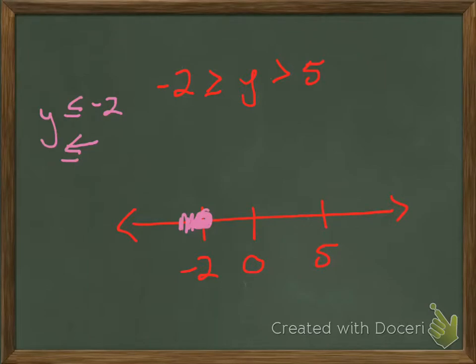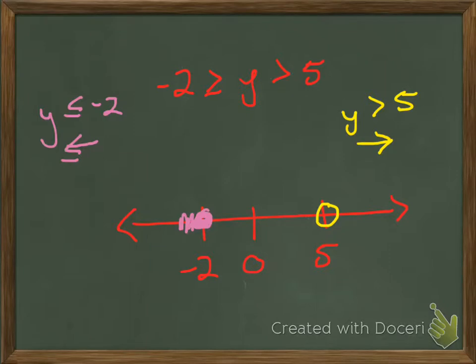Okay, so now let's take a look at our y is greater than 5. So when I write that all out, again, I'm going to rewrite my inequality sign. I'm going to draw my line on it to make it an arrow, and it's going to point to the right. So if I don't have that line underneath it, it's not equal, so it's going to be an open circle, which means 5 is not a part of the solution.